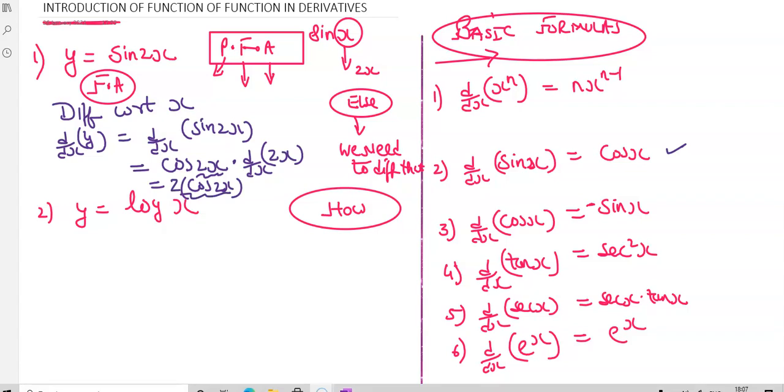Similarly, we know the log x derivative is 1 upon x if I say dy by dx. But what happens if y is equal to log 10x?